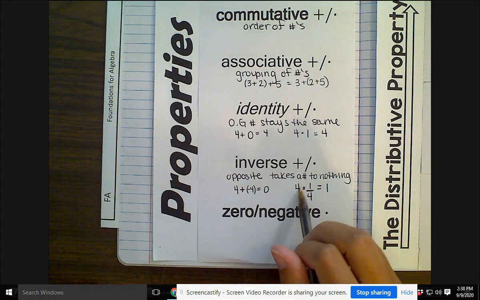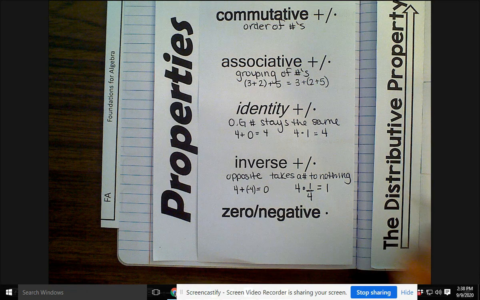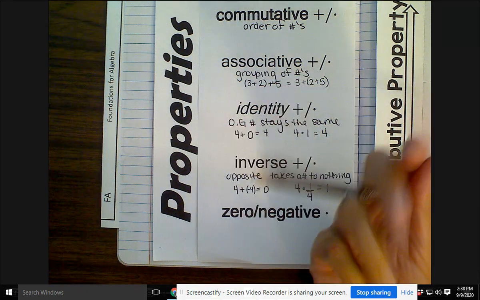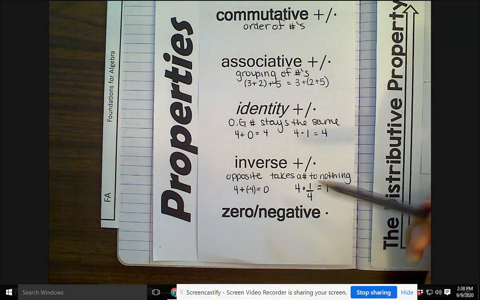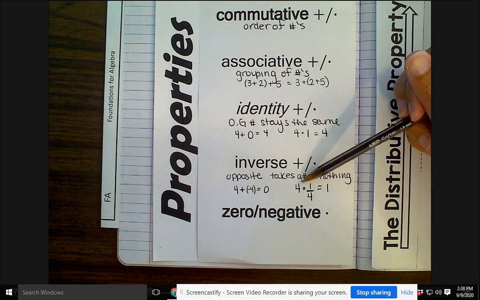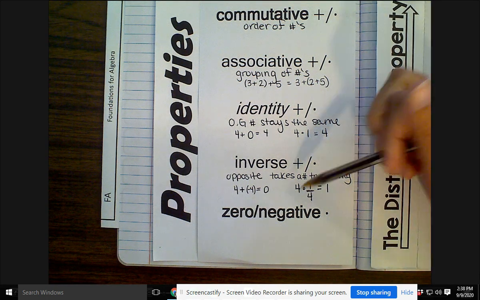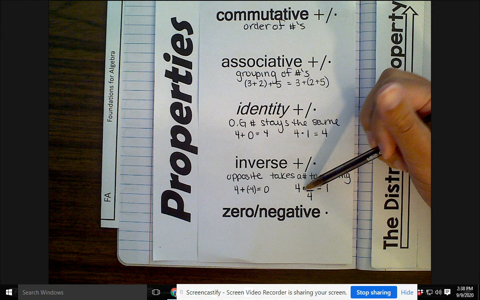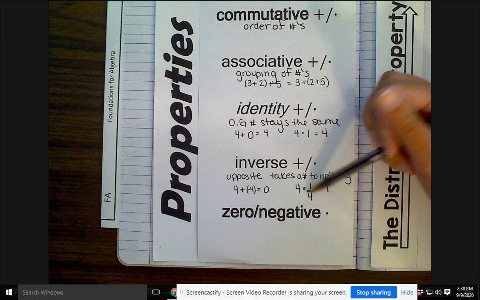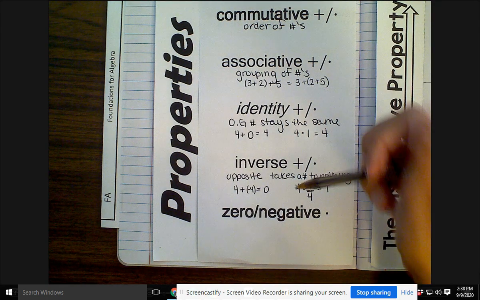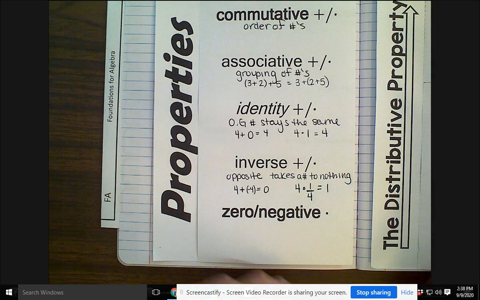A fourth of 4 is 1. If I split 4 into 4 equal parts, I'm just left with 1. Essentially, you're doing that inverse operation. If you remember back to last year, if I have 4 times something, I need to divide by that 4 to get rid of it. So it's essentially whatever number you have on the bottom and then 1 on top.